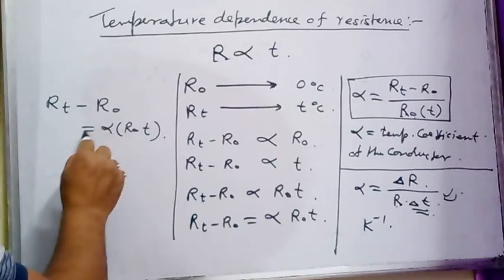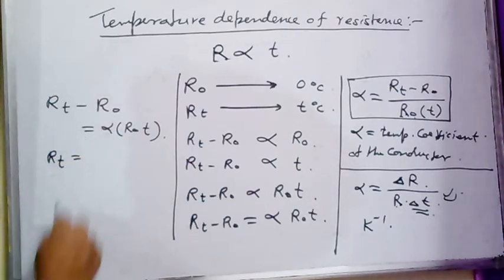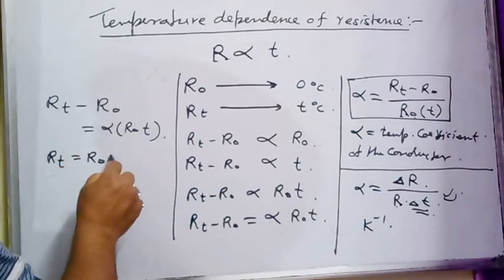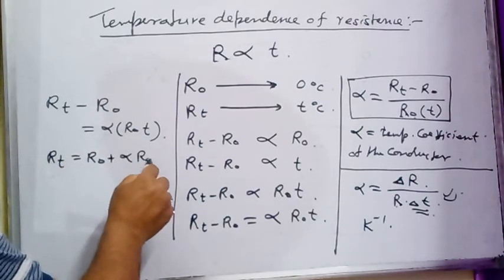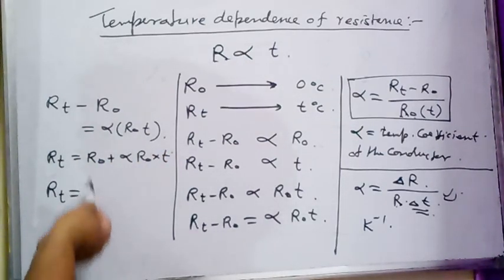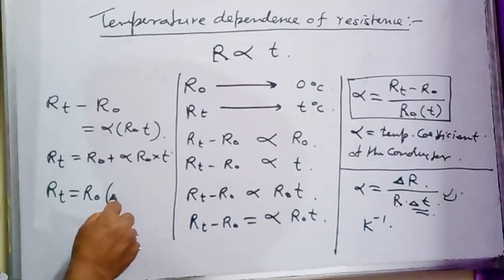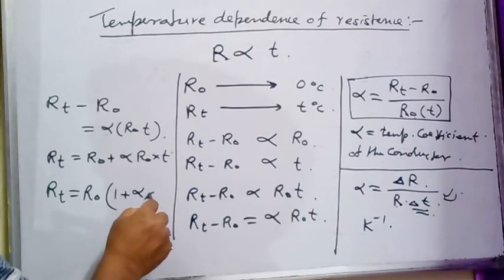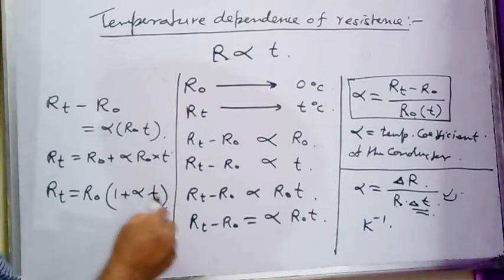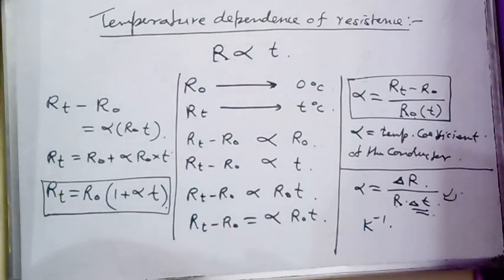So what can be the value of final resistance at temperature T degrees Celsius? That equals R naught plus alpha R naught into T. If we take R naught common, then final resistance at temperature T degrees Celsius can be written R naught into 1 plus alpha into T, that is rise in temperature.